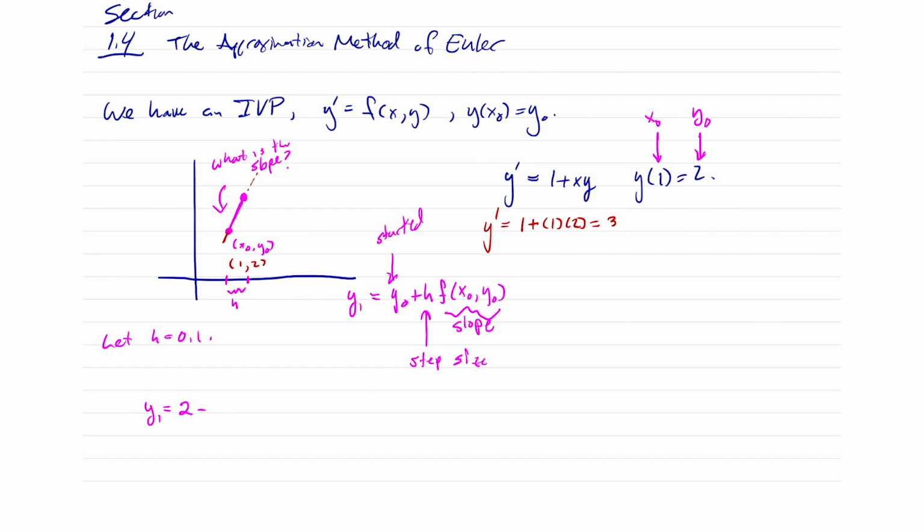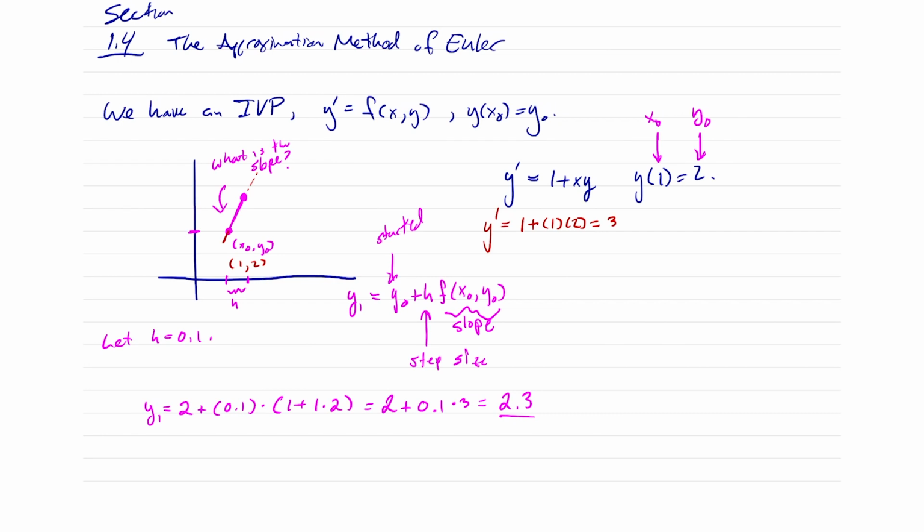And we're going to move forward in x by h, and so this is going to be 0.1 times what we have over here, which is 1 plus x times y. Now we're going to use x0 and y0, and so then this is going to be, say, 1 times 2. Okay, so this is going to give us 2 plus 0.1 times 3, and it's going to be 2.3, right?